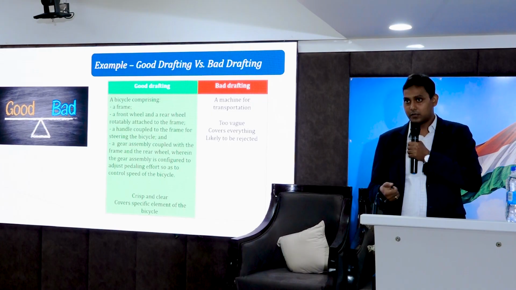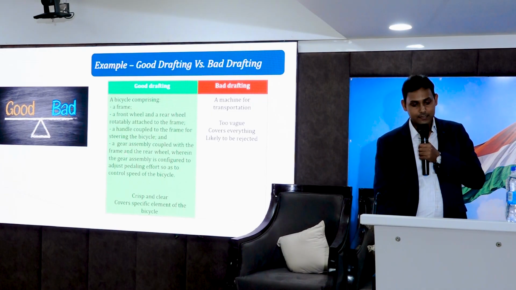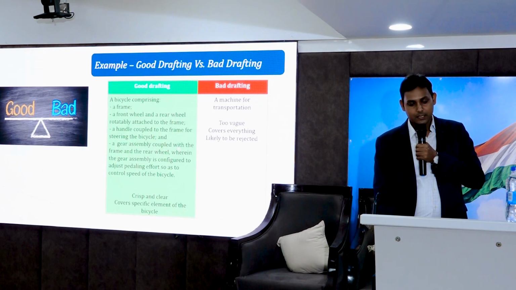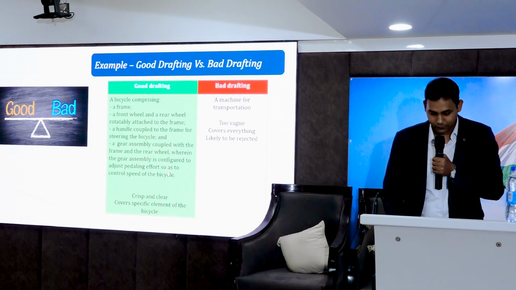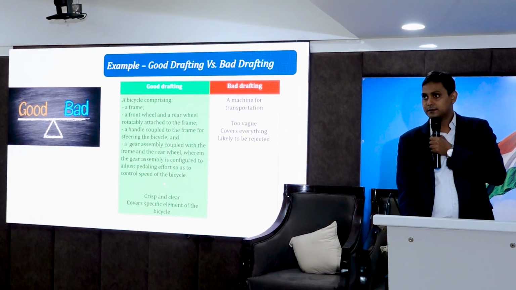That means for maneuvering or steering the bicycle, you need one handle also. And the last is a gear assembly coupled with the frame and the rear wheel, wherein the gear assembly is configured to adjust pedaling effort so as to control the speed of your bicycle.